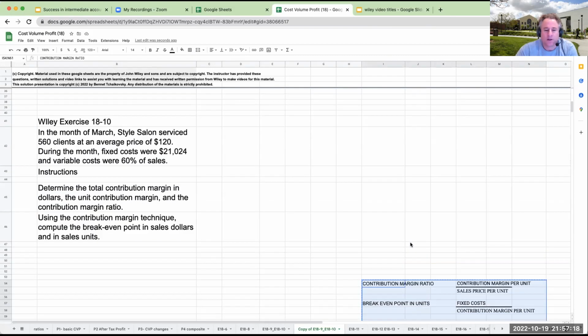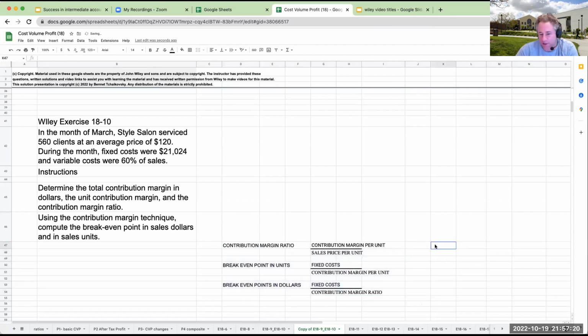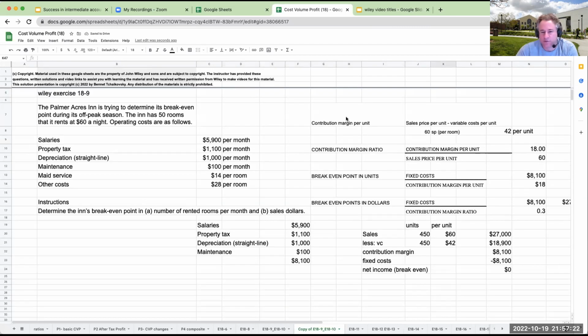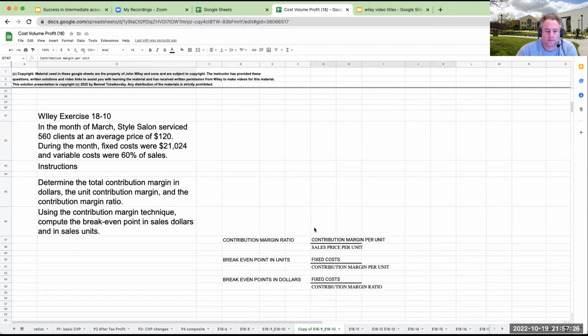Okay, let's go over here to the formulas and try to figure this out. My contribution margin per unit is going to be my sales price per unit, which is 120. If my variable costs are 60% of sales, then my variable cost must be 72 per unit.